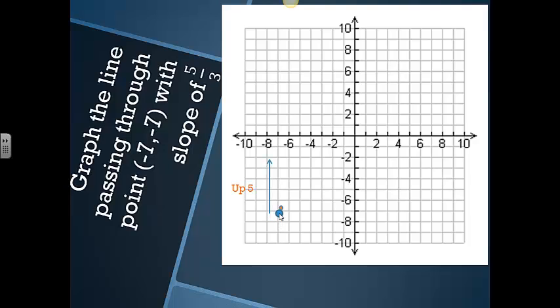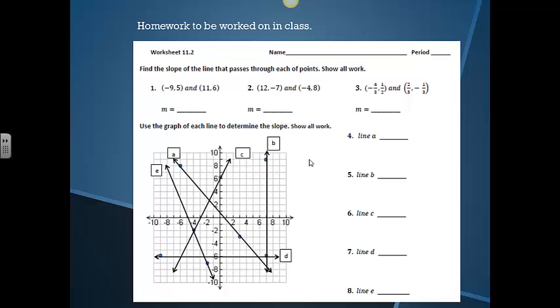So I'm going to move up 5. 1, 2, 3, 4, 5. And then I have a run of 3, and that's a positive 3. So I'm going to move to the right 3. So 1, 2, 3. All right. So now I have the point negative 7, 7 and the point negative 4, negative 2. I'm going to connect those with a line, and there again we have graphed a line given a point and slope.